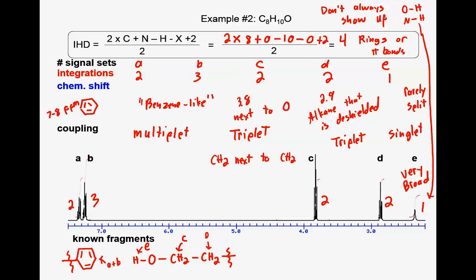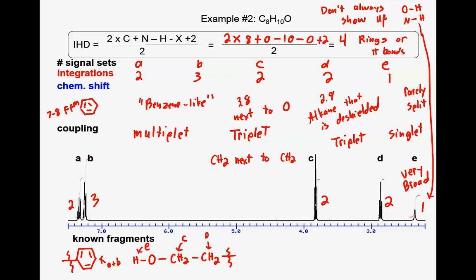For the same reason, these protons, which we know are a triplet, have a neighbor right here, so we might expect a quartet, because it really has three neighboring protons. But because the OH rarely undergoes any splitting, it doesn't impact these protons at all, and we actually see a triplet. So these are just some weird characteristics of OH or NH protons in NMR spectra. They don't always show up, they're usually fat, broad singlets, and they very rarely show any splitting patterns whatsoever.